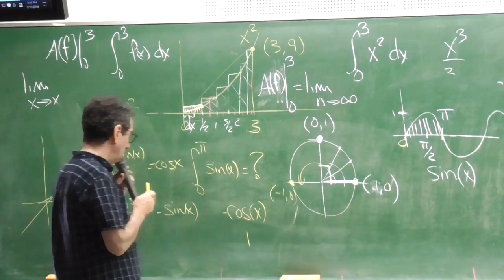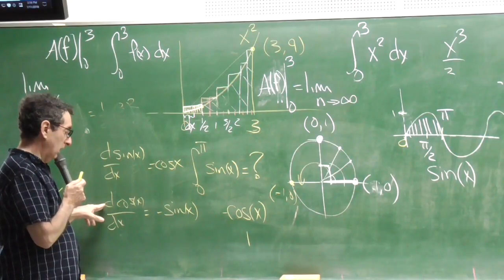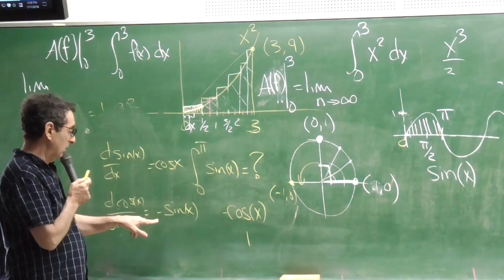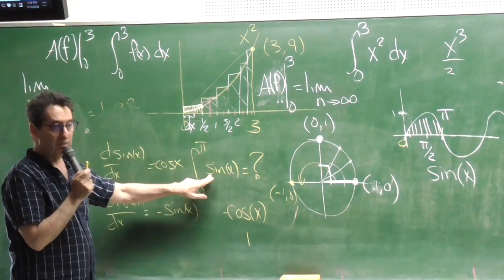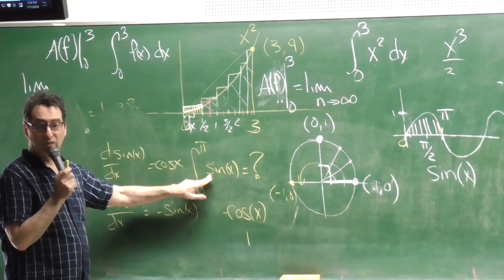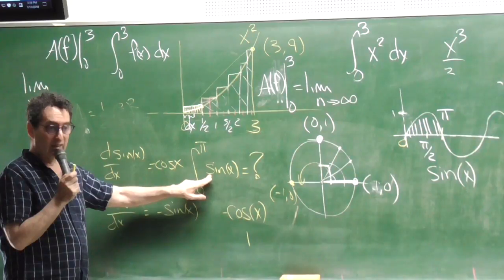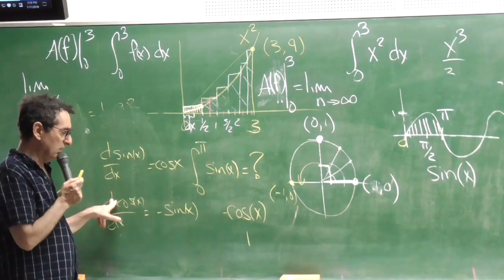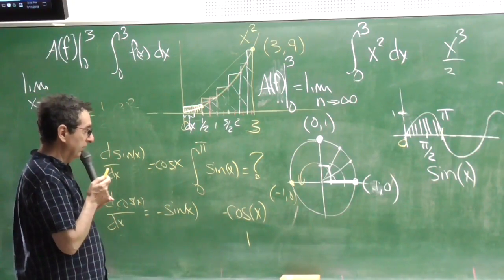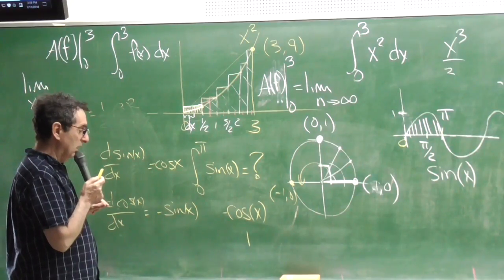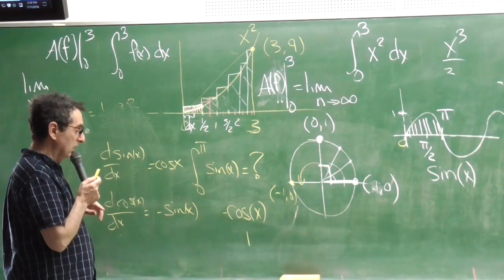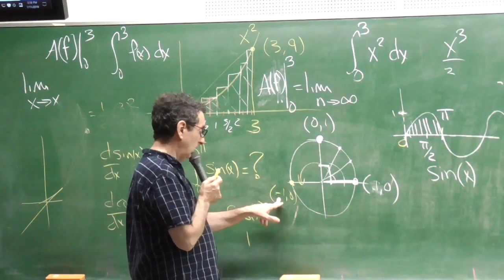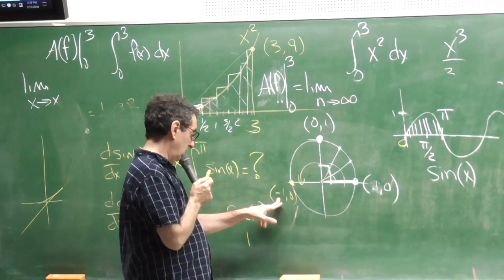Going back to here, we have the derivative of sine is cosine, the derivative of cosine is minus sine. So I want the antiderivative of sine, the function whose derivative gives me sine. The derivative of cosine is minus sine, so minus cosine. Okay, so it looks right so far. So now I want cosine of pi. So this is pi, so negative, negative 1 is 1.